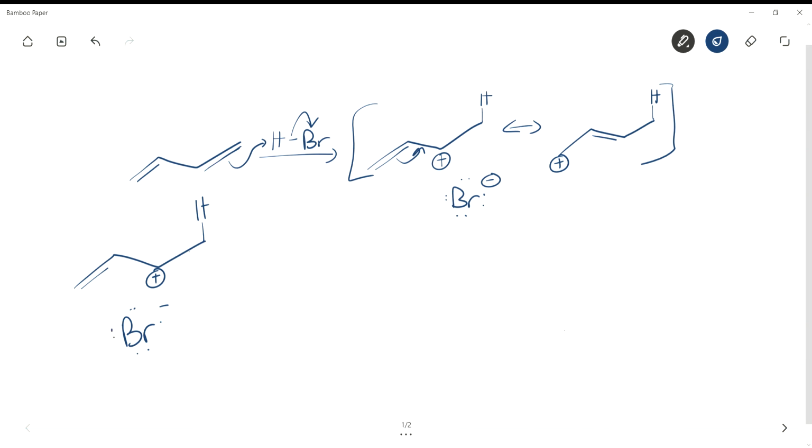Okay, so for this reaction, the Br minus will attack the secondary carbon cation, and we end up getting bromine attached there, hydrogen there, and your alkene in this position. This would be called a 1,2 addition.